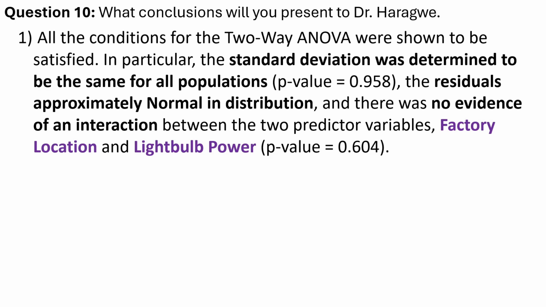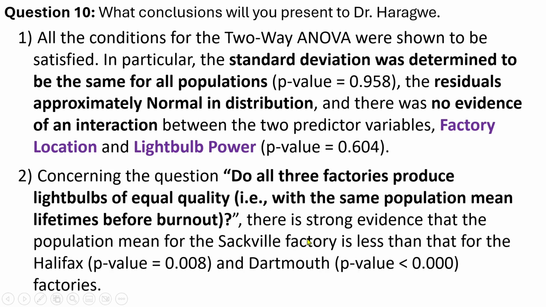And so what all that says is we can put trust in our final conclusion. For the final conclusion, concerning the question, do all three factories produce light bulbs of equal quality, there is strong evidence that the population mean for the Sackville factory is less than that for the Halifax and Dartmouth factories.